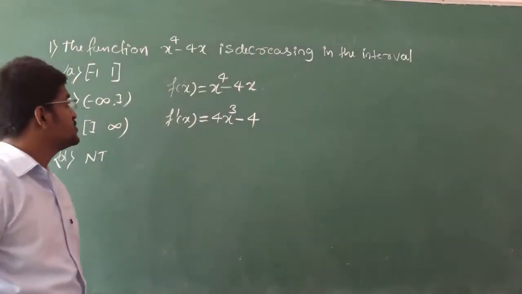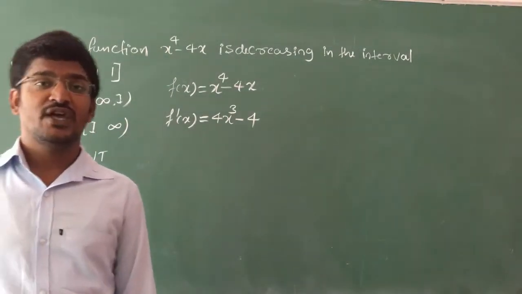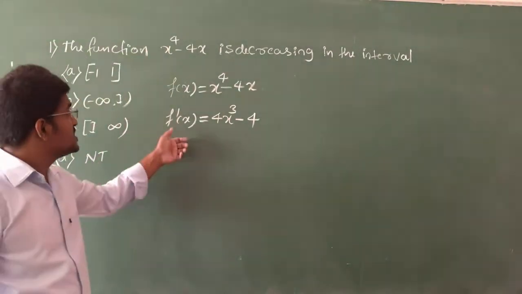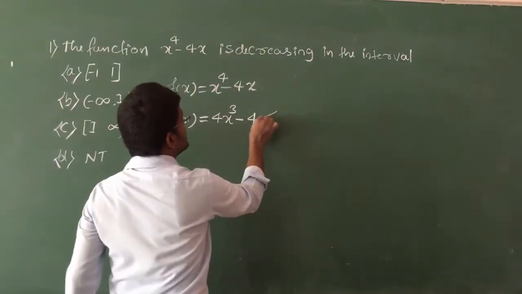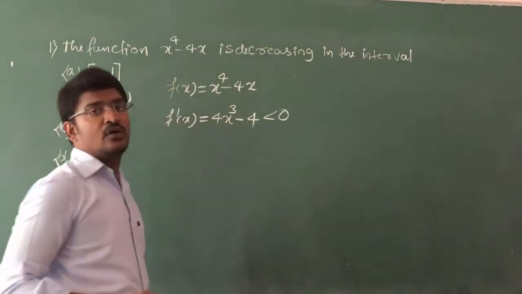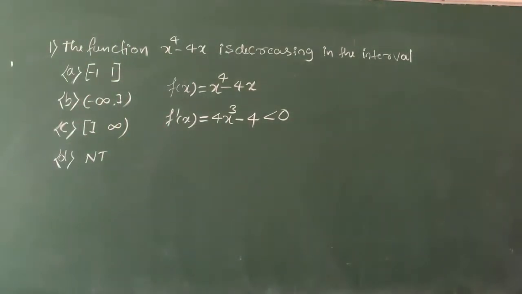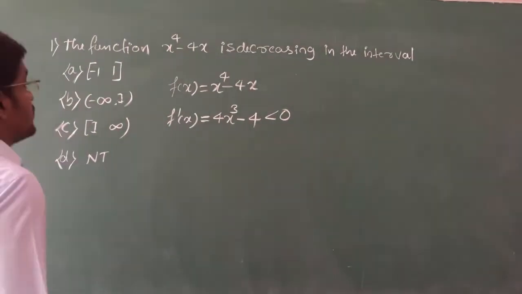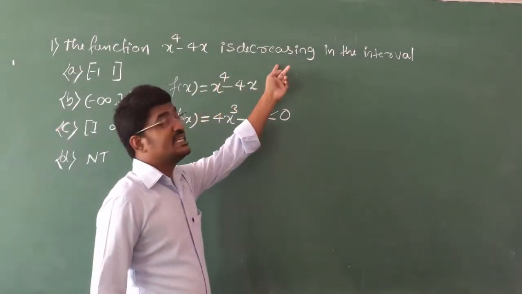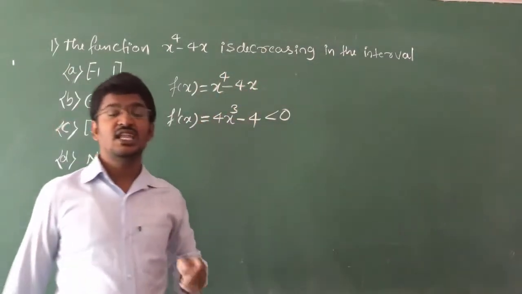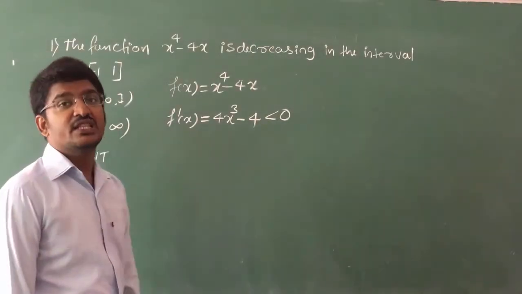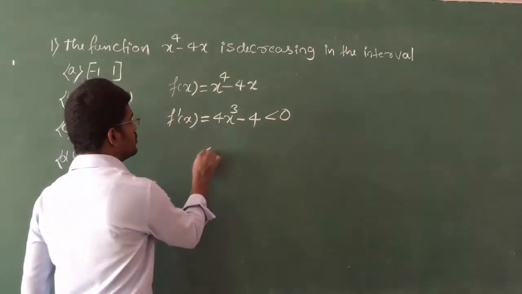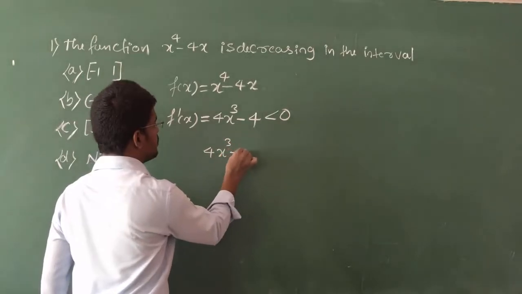So f dash of x is directly decreasing, which means it will be lesser than 0. If they have directly given that the function is decreasing, that means f dash of x is lesser than 0. Clear? So now let us find the intervals, that is 4x cube minus 4.